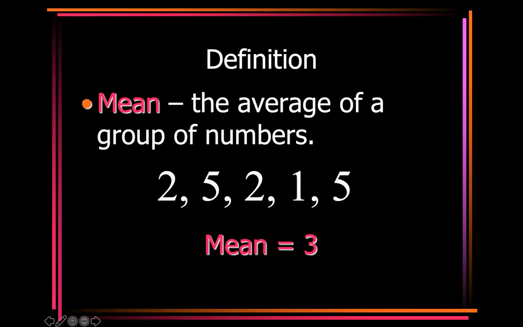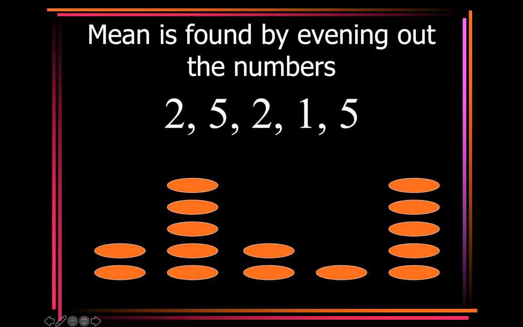Another way to think about the mean: I have 2, 5, 2, 1, and 5. Here is a display of it, an illustration or picture. When you're getting the mean, you're pretty much just evening out the playing field.